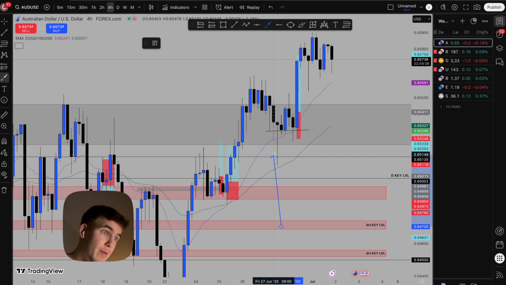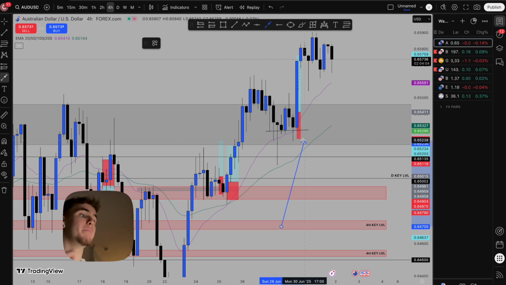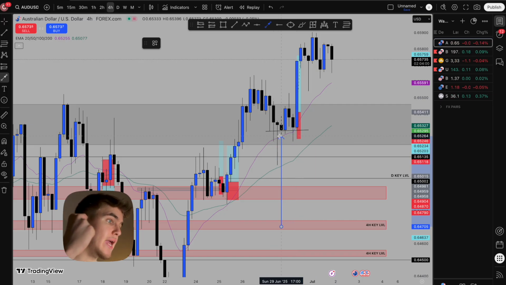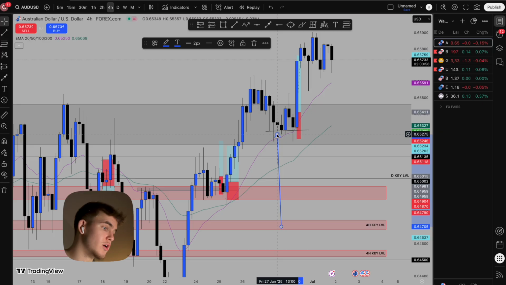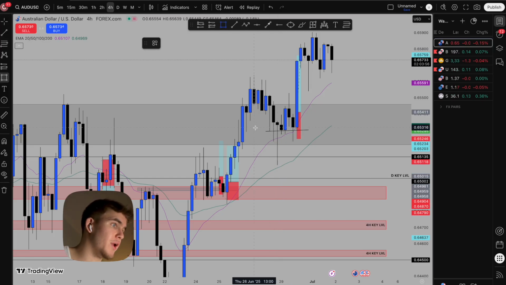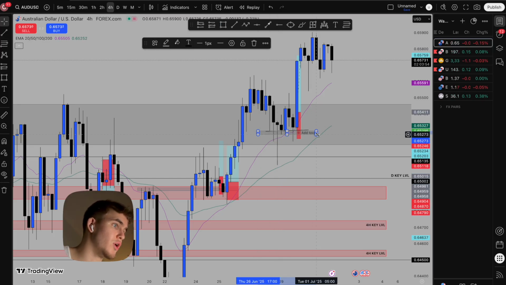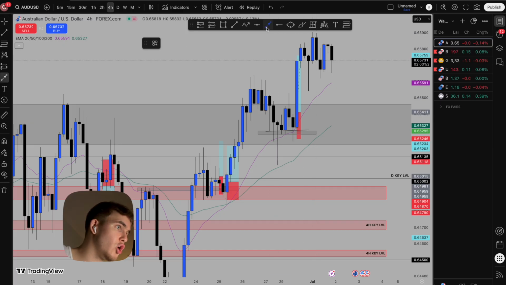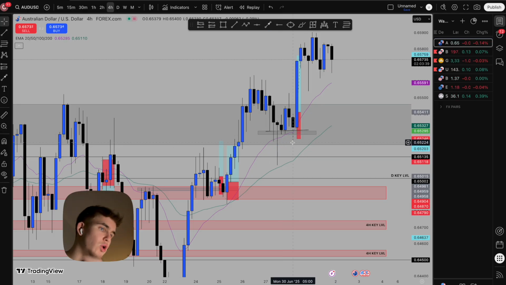Not only that, but price is literally trading above the EMAs, and price created a double bottom, showing us that this area right here is being used as support. Price literally couldn't break below this area after 4 hours, 8 hours, 12 hours, 16 hours, 20 hours, 24 hours. It couldn't break below that area after a whole day.